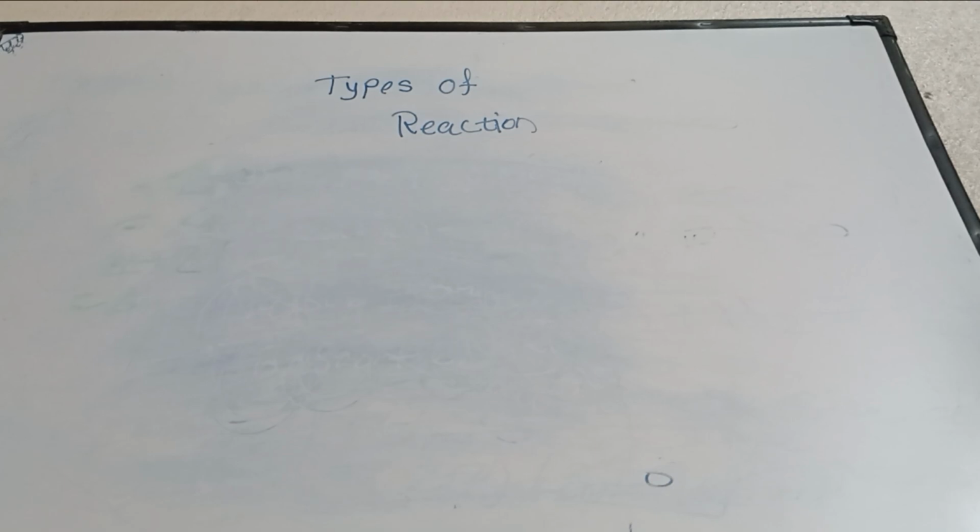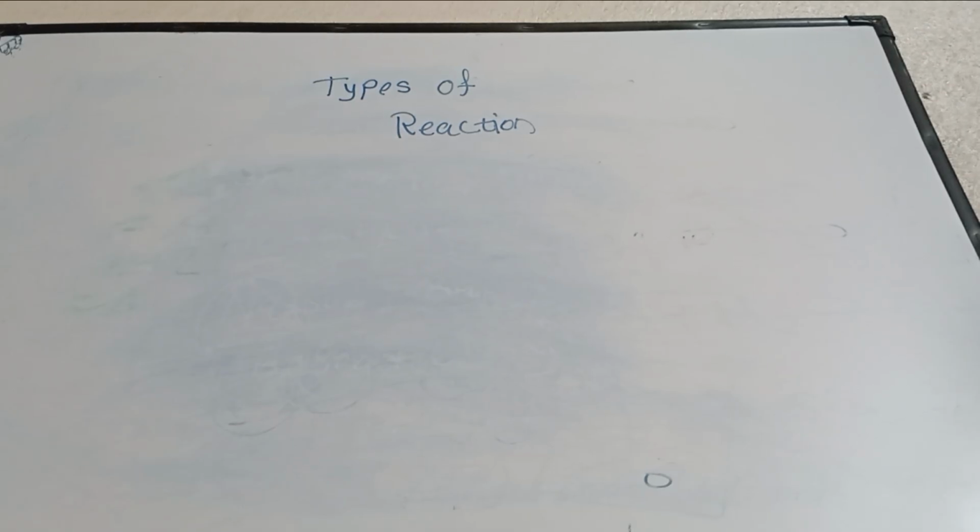I think I mistakenly wrote 3 here, but it was the last one. Double displacement was the last. So we covered combination reaction, displacement reaction, double displacement reaction, and decomposition reaction. Four types of chemical reaction we have covered through the two series.